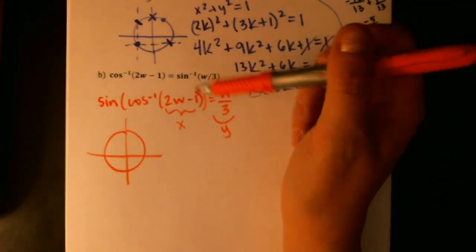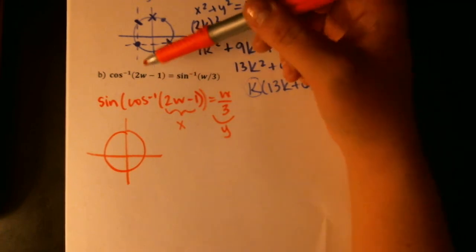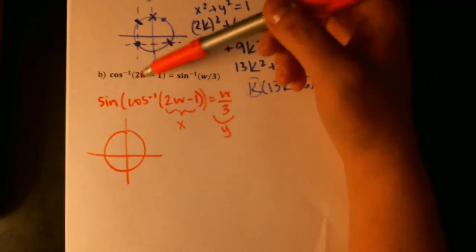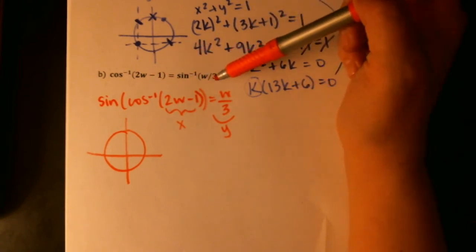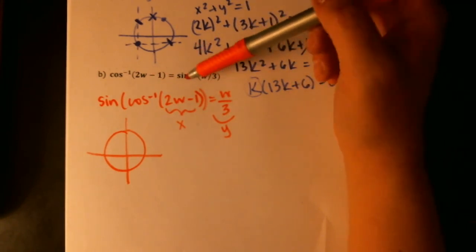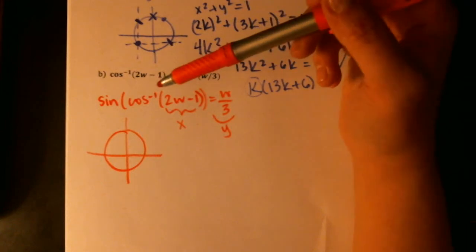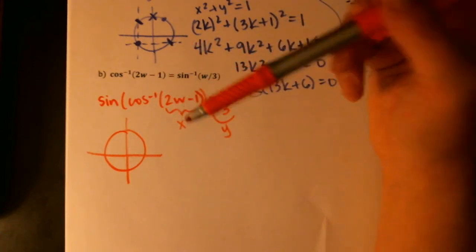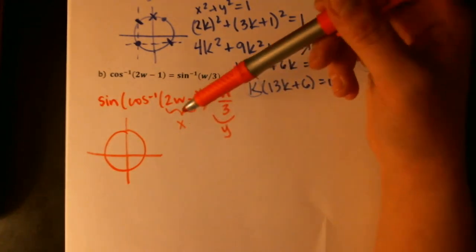And again, the thing that's really key: inverse cosine is going to output the arc length that gets me this x value. Inverse sine is going to output the arc length that gives me this y value. And this equation is claiming that they're the same arc length, which means that x and that y belong to the same point, to a single point.